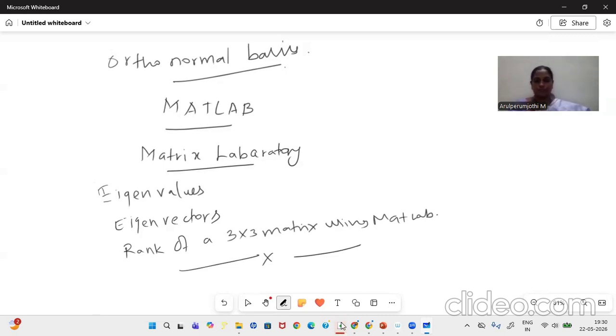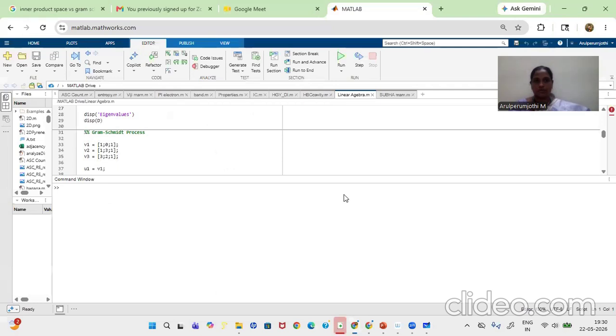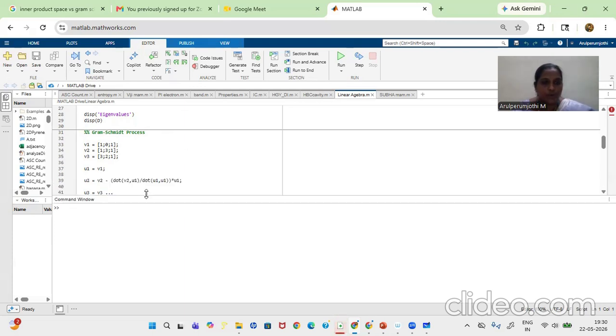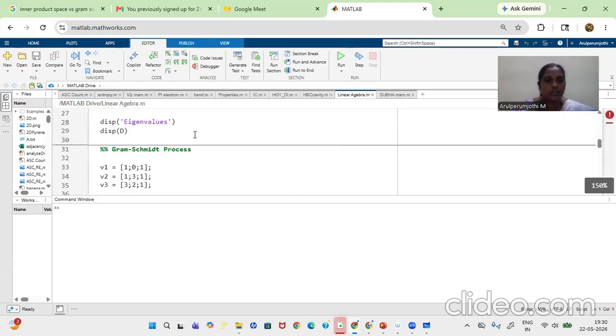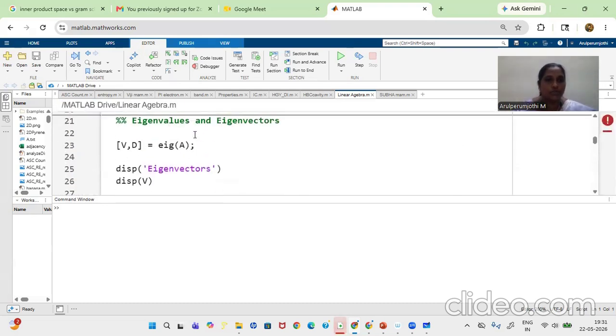So this is your MATLAB screen. This is actually the online MATLAB screen. You can see this window, the upper portion. So this upper portion, can you see this? I'm maximizing this portion.